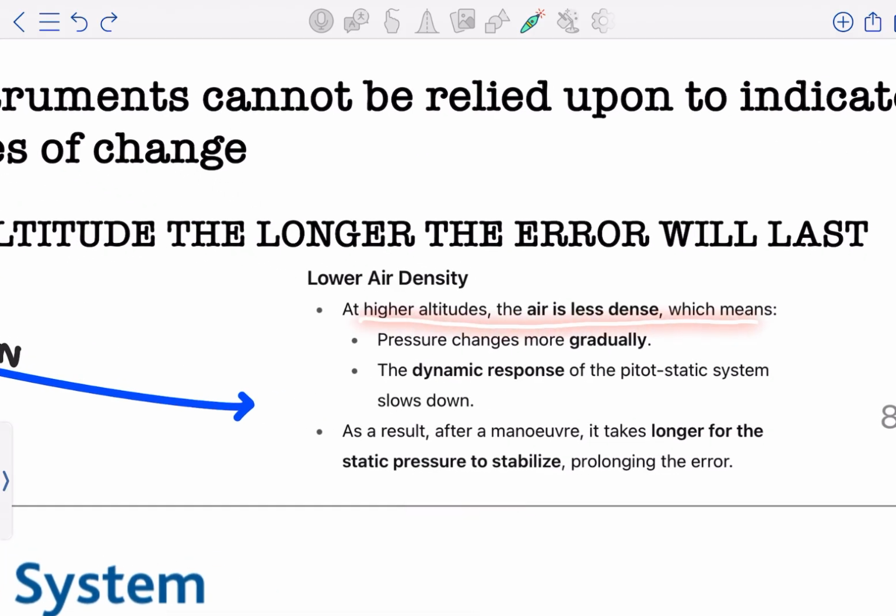As we go up, the air is less dense, so the pressure changes are also very low. The rate of change of pressure also decreases as we climb, and this makes the static pressure take longer to stabilize, which prolongs the error.